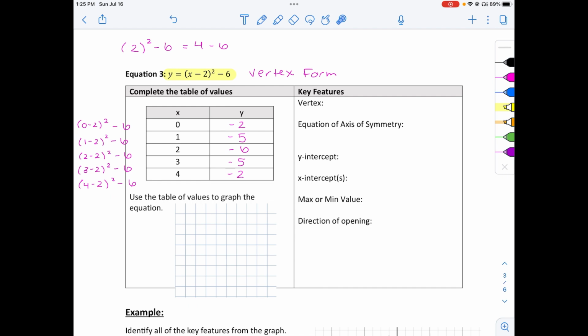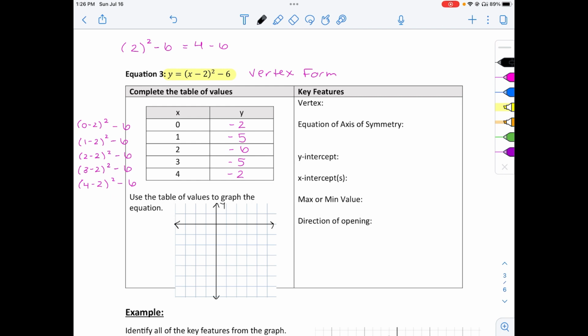So if I graph this, in this case, all of my values are below the x-axis. So I'm going to put my y-axis here. My x-axis I will put like this, just so we can see where it crosses. I'll make sure to extend this a bit better this time.